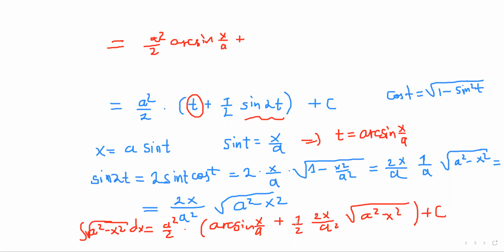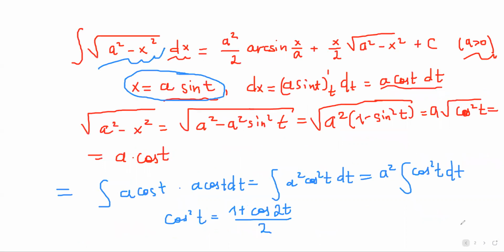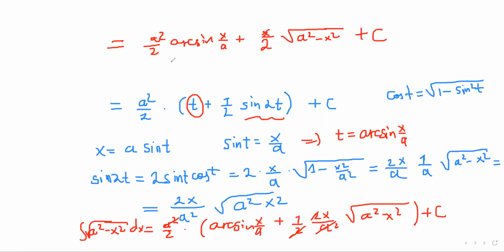Obviously the 2 and 2 cancel, and a squared cancels with this a squared. So finally we have x divided by 2 times the root of a squared minus x squared, plus c. So let's check our original integral. We said that our original integral should be something like this. You see, it's exactly the same as what we have received here.